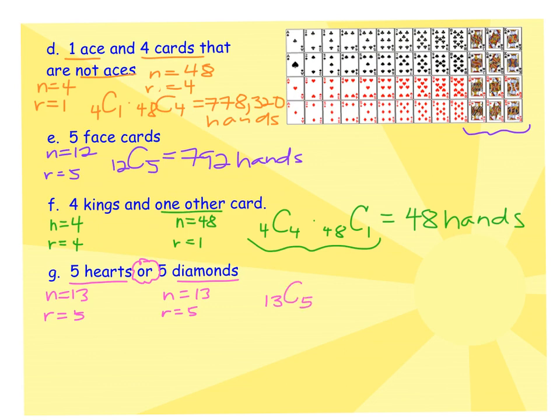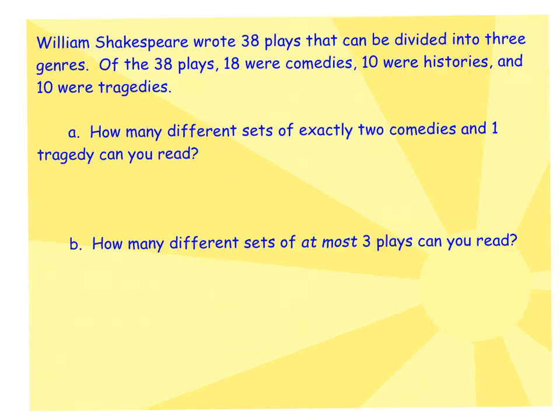So we're not going to multiply to the other answer, we're going to add it, because this could be true or the diamonds could be true, and then that satisfies that given condition. So we're going to enter those in and add them together. Doing so, you should get 2,574 different hands. So hopefully that gives you an idea of how to work with different 5-card hands given different suits and types of cards in a 52 standard card deck.